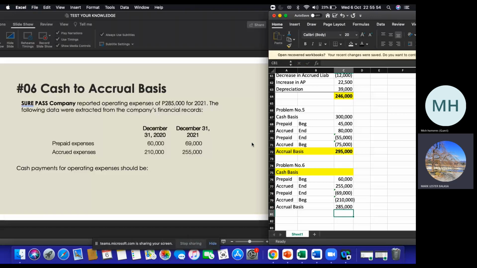Kapag pabalik ka, magkano cash basis natin? Compute. Magkano? Babalik. 285 plus 210 plus 69 minus 255 minus 60.